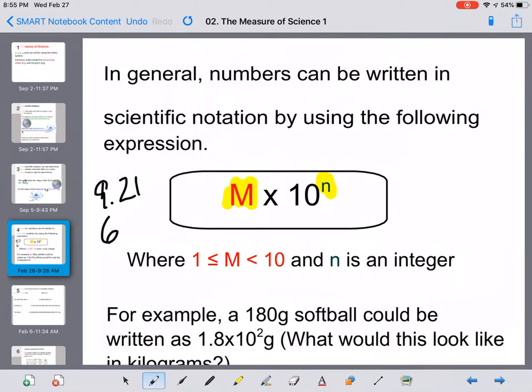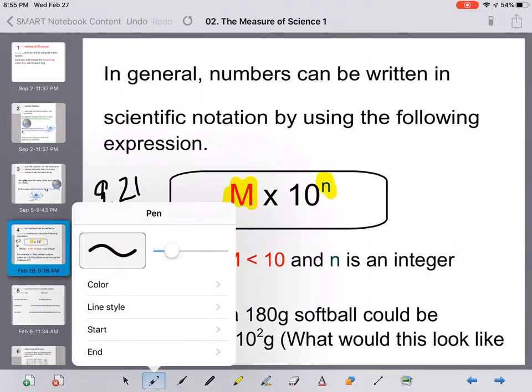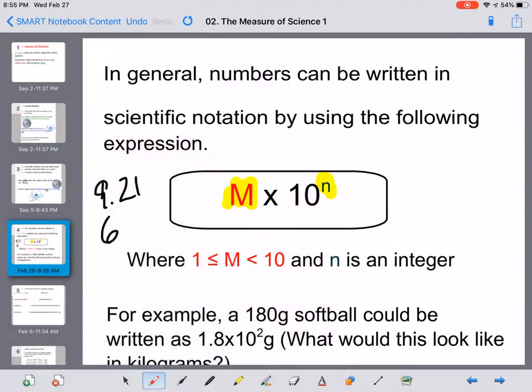Numbers that I am not allowed to have for that m value are values that come in at, let's change our color here, 0.42. You see that number is less than the 1 that we need. The other thing is that I can't have scientific notation start off with something like 14.6.